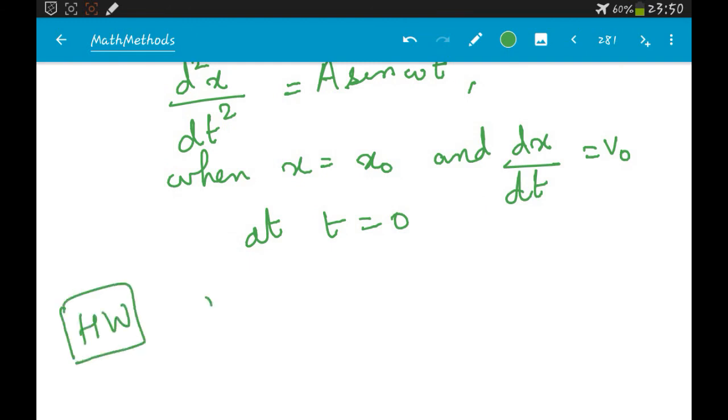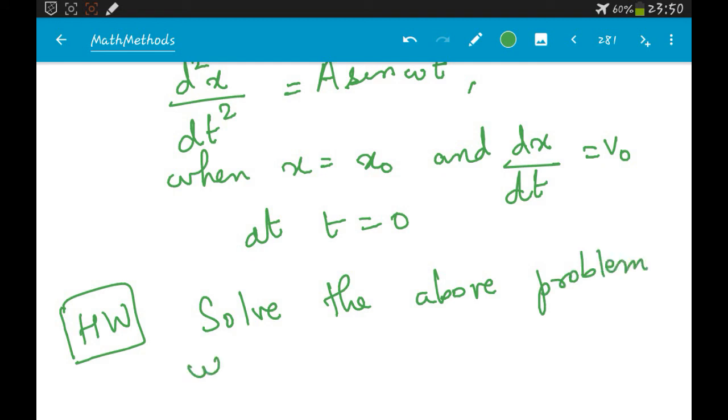The second homework is to solve the above problem using Laplace transforms.